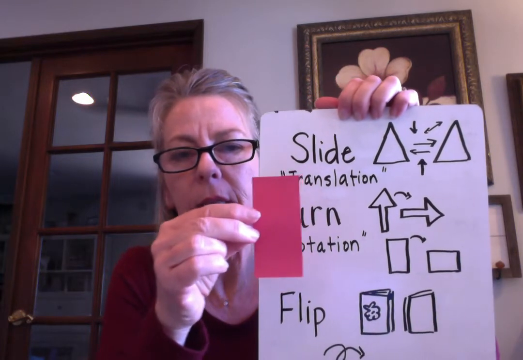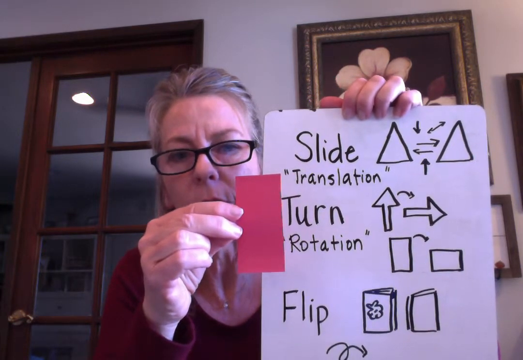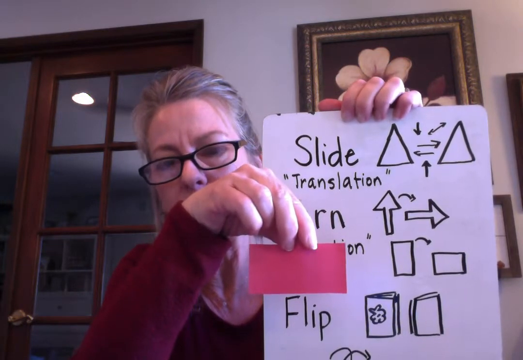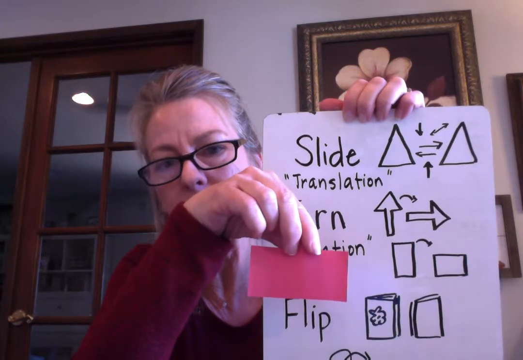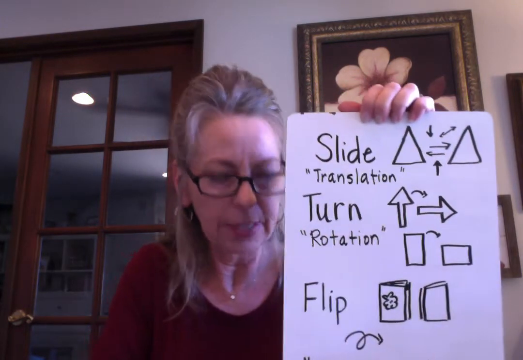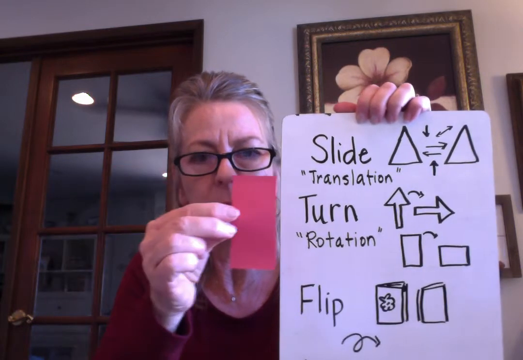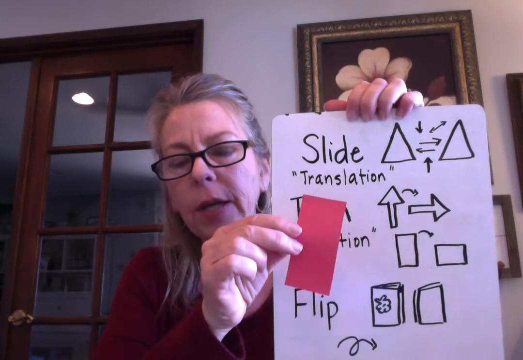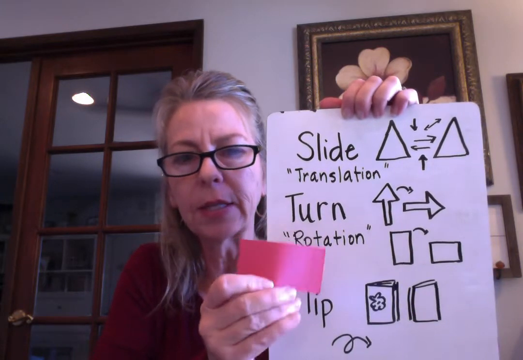So it's vertical, and then it just turns to horizontal. Or we could start with horizontal, and it turns to vertical. Remember, a slide is moving its location, and a turn is rotating it in one direction or another. That is a turn.